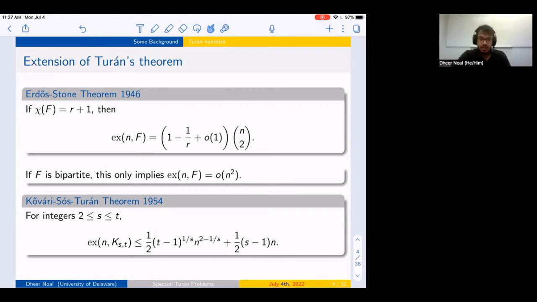So for example, the Kővári–Sós–Turán theorem gives an upper bound for the Turán number for complete bipartite graphs. And one can see that this is of the order of n raised to 2 minus some epsilon. And matching lower bounds have been found for only a small set of complete graphs. For example, when both s and t are 3, or when t is much, much bigger than s.